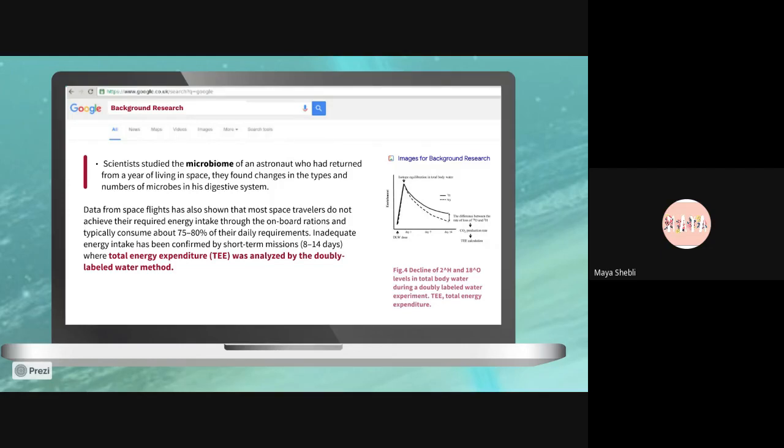Inadequate energy intake has been confirmed by short-term missions, which usually last from 8 to 14 days, where the TEE was analyzed by the doubly labeled water method. We can see in this figure a decline of 2H and 18O levels in total body water during a doubly labeled water experiment and the TEE.